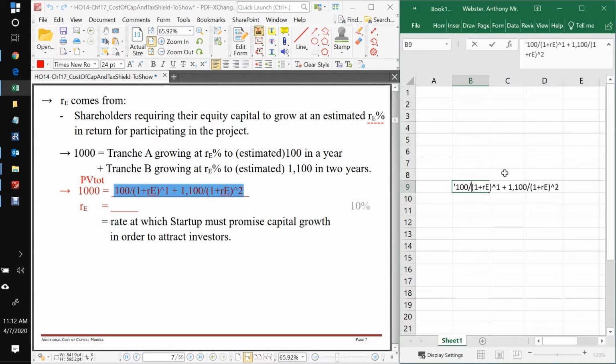Now you could solve for this using the quadratic equation, trial and error, or a financial calculator. So I'm going to use trial and error, and I'm going to put in 10% and see what I get here.